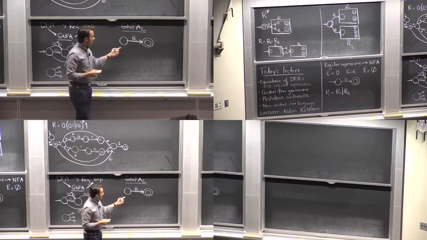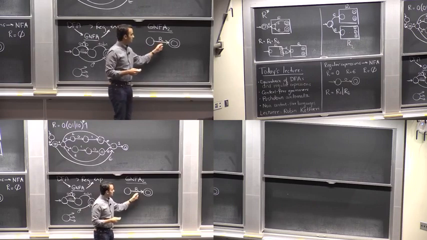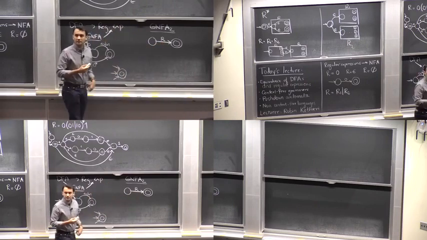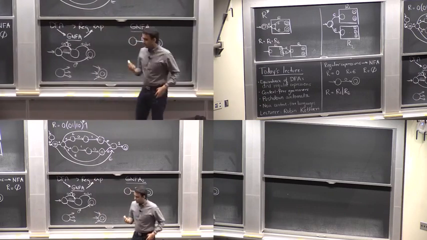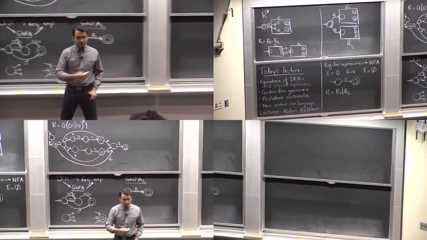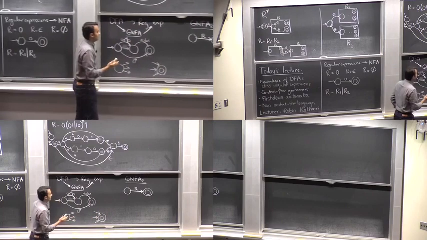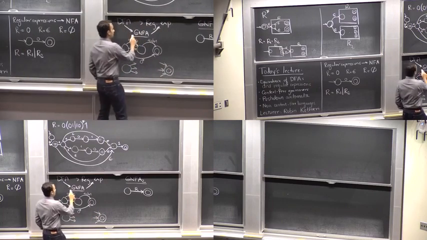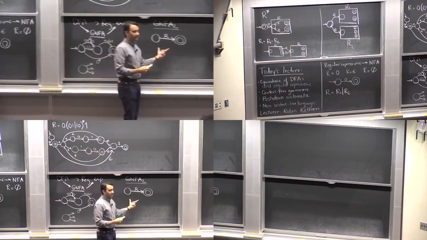And what language does this express? It expresses exactly the regular language expressed by this regular expression R, right? So if you have a GNFA with just two states, the regular expression for the language this accepts is just R. There's no work that you need to do. It's just written right over there. So a GNFA with two states is great, because we're trying to convert a general GNFA to a regular expression. But if you know that you have two states, then you're done.